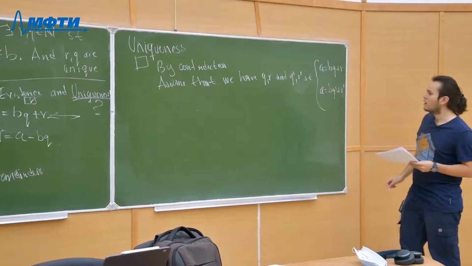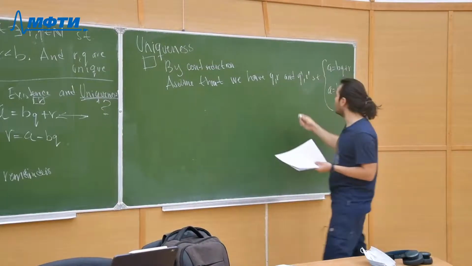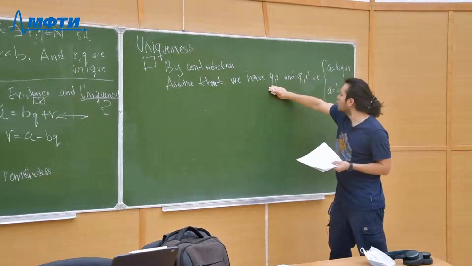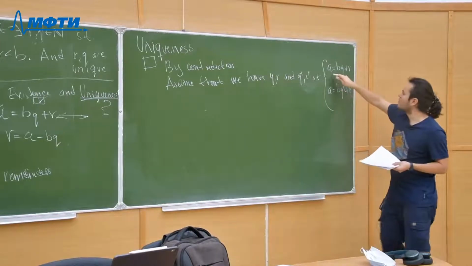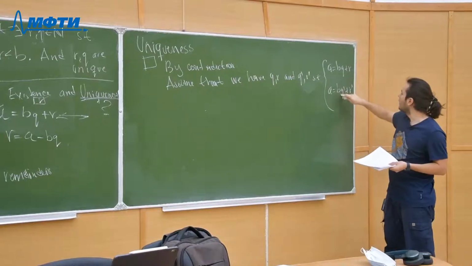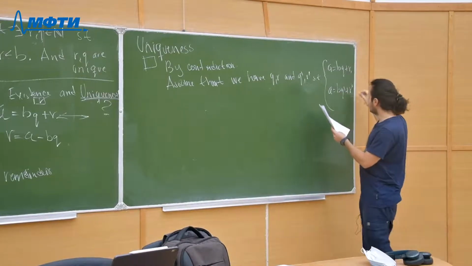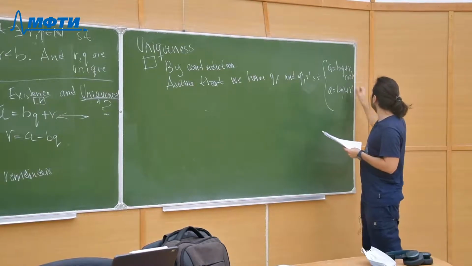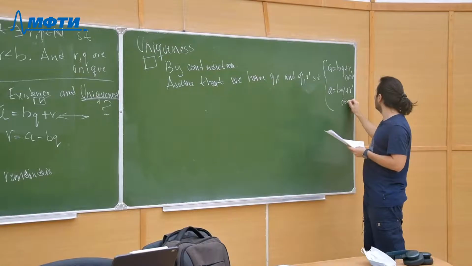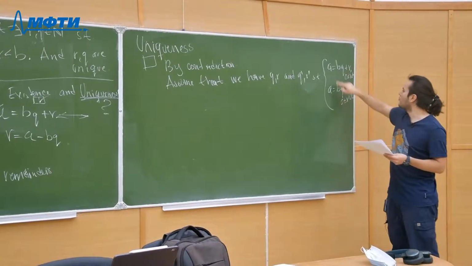If they are not unique, it means that we can take two different values for each q and r, and this should be true for the same values of a and b, right? Here r is less than b, and here r prime is less than b as well. Okay, so assume that this is true.